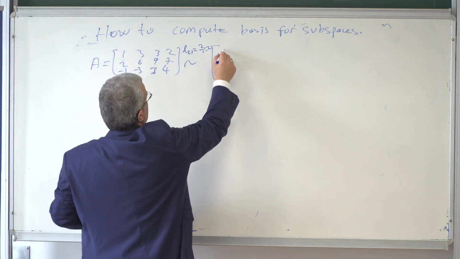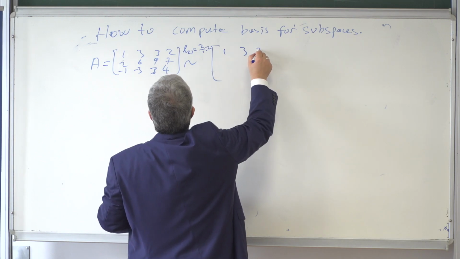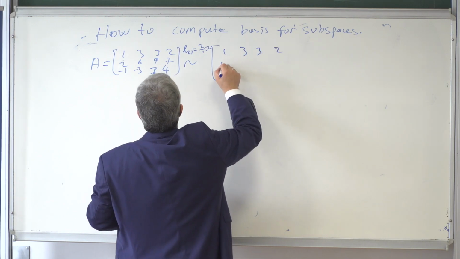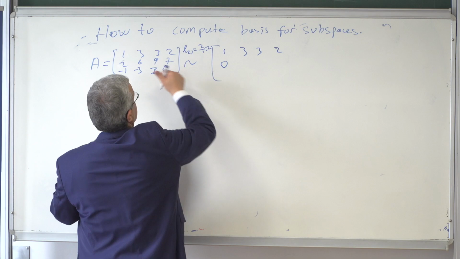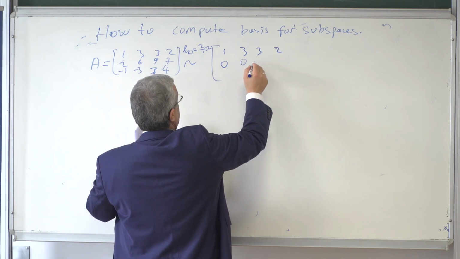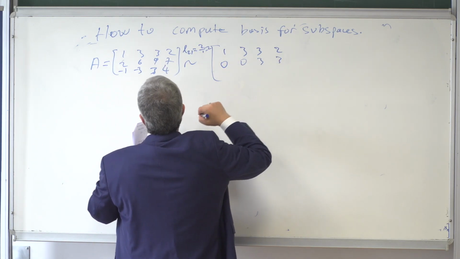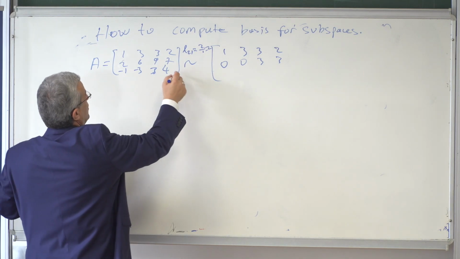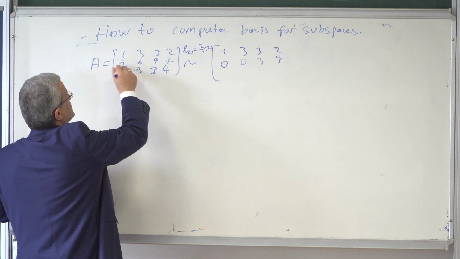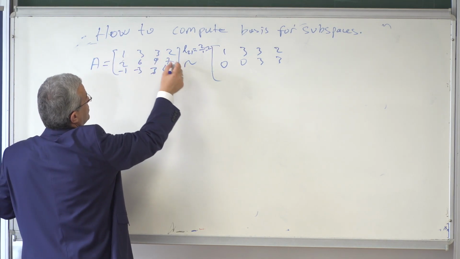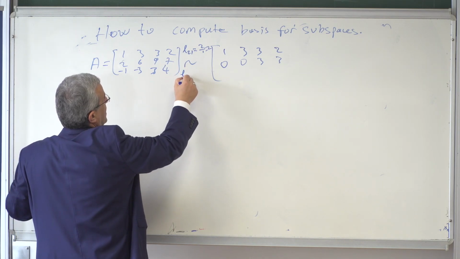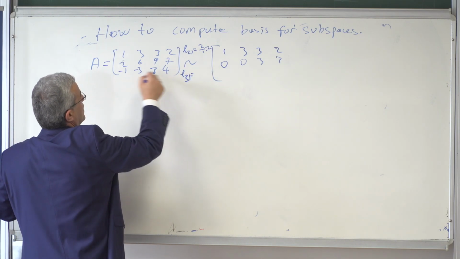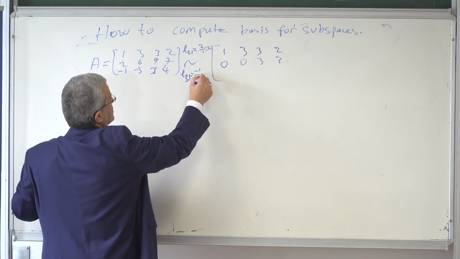So you have 1, the first row stays the same, 3, 2, this is 0, and this becomes 0, 3, 3. And I want to kill this one now using this pivot row, right? So L31 is equal to minus 1 over 1, which is minus 1.